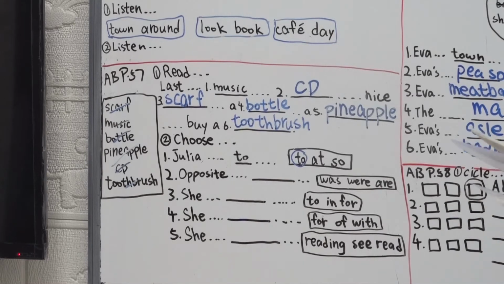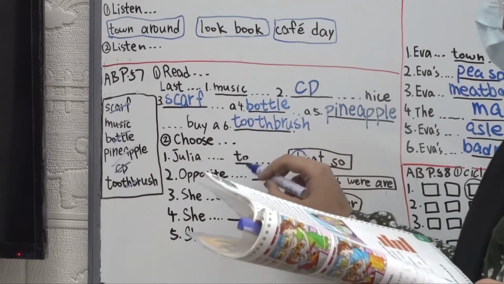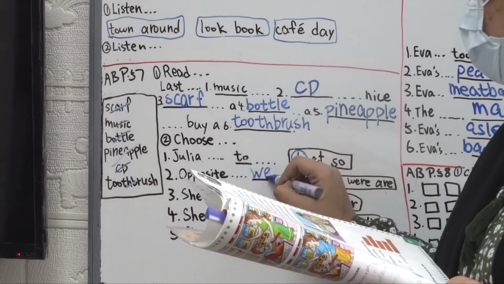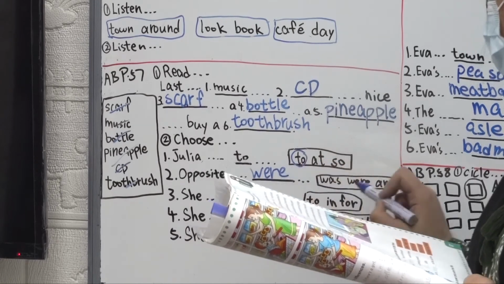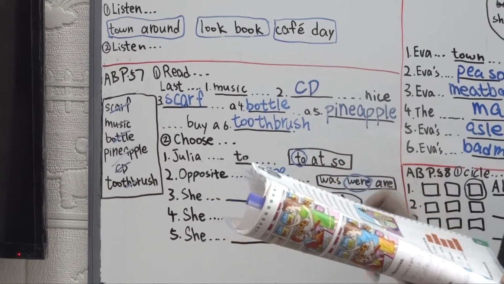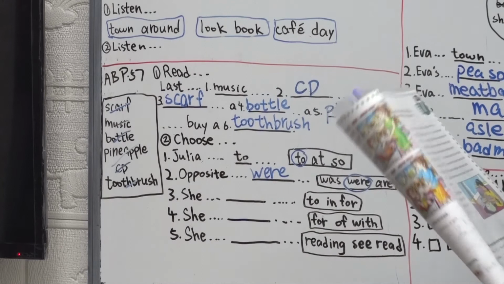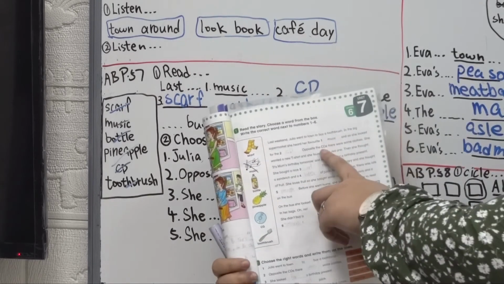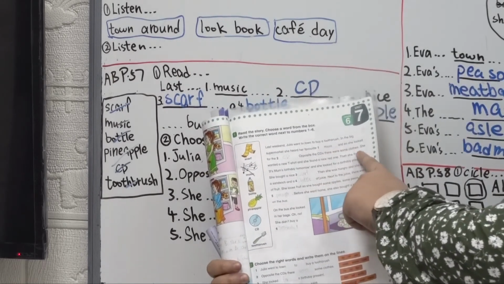There were, there are, or there was. There were. The answer is here. Opposite the CD, there were some clothes.